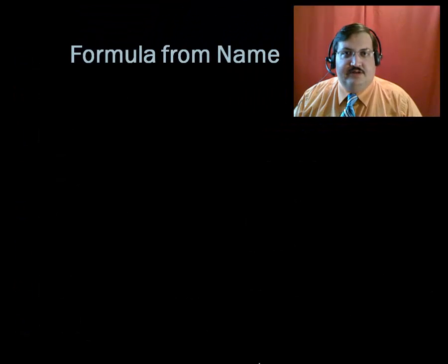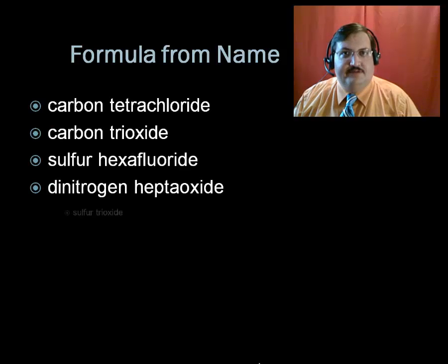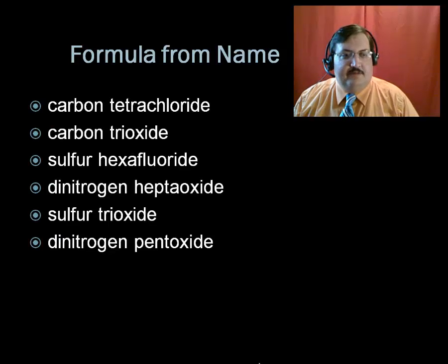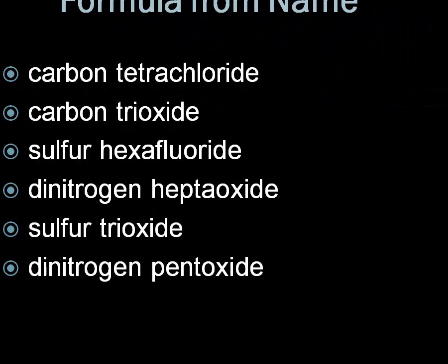Using what we have already learned, I am confident that you can go from a name to a formula. So here I put up a few names, pause the video, and come back to check when you're done. Let's go through these. The first one is going to be CCl4, carbon tetrachloride. Then I get CO3 for carbon trioxide.